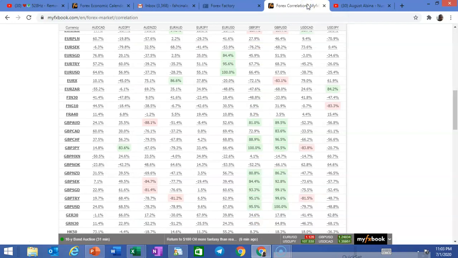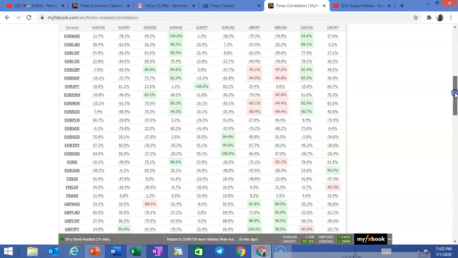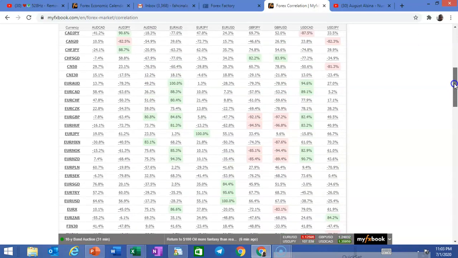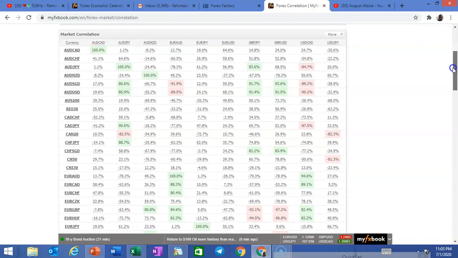So we always want to reference our correlation chart because it helps us gauge other pairs that we can look at to see what our pair of interest is doing. Y'all know I love GJ.